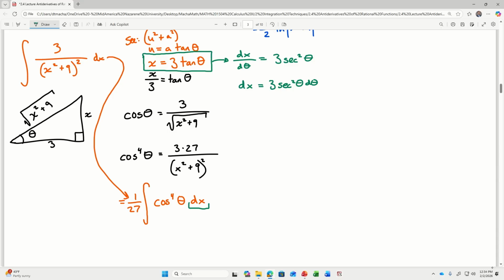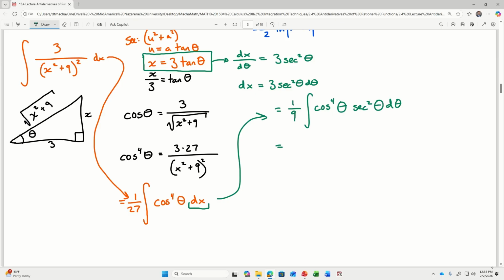And now we do that. This 3 from my dx divided by 27 is going to simplify the fraction 3/27ths to 1 over 9. And then I'm going to have cosine to the 4th theta secant squared theta d theta.